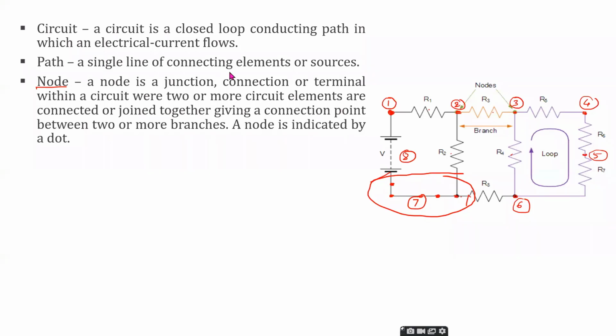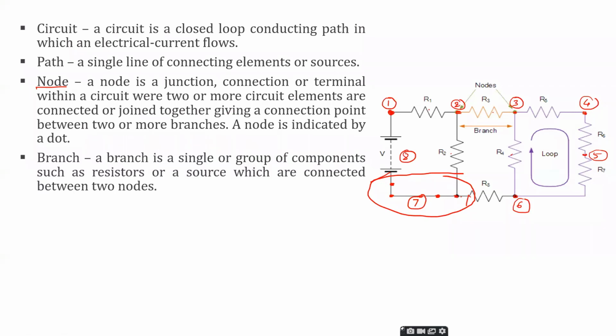All right. We see the next definition, branch. A branch is a single or group of components such as resistors or sources which are connected between two nodes.